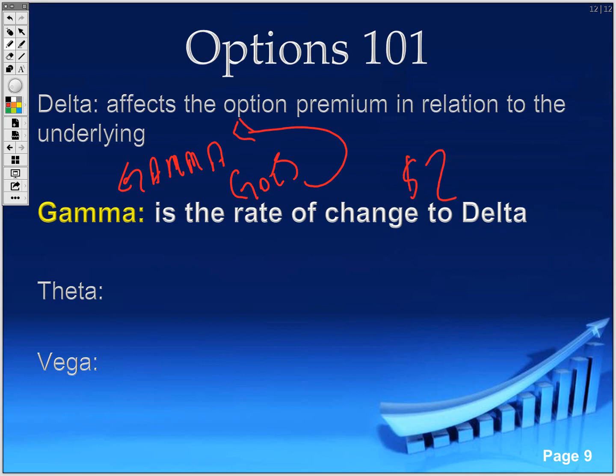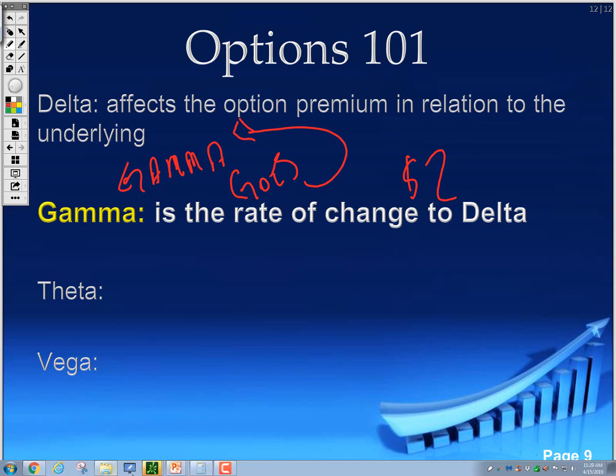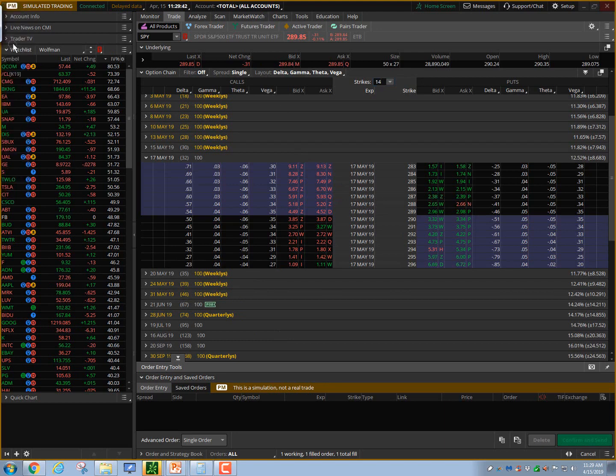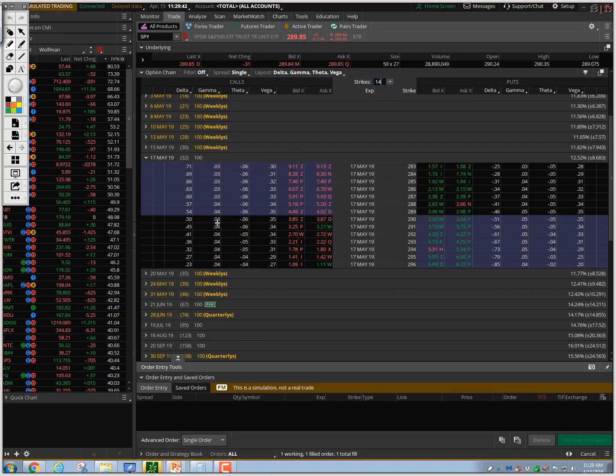So now we pull up our platform again. Gamma here will tell us that on the second dollar move, gamma is the rate of change to delta. So this 4 cents here on the second dollar move, gamma goes with delta.